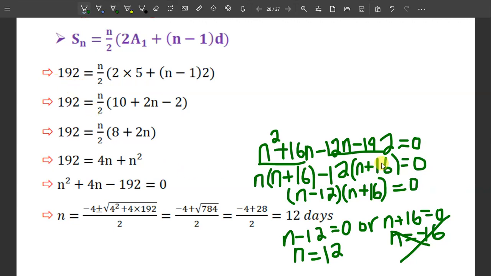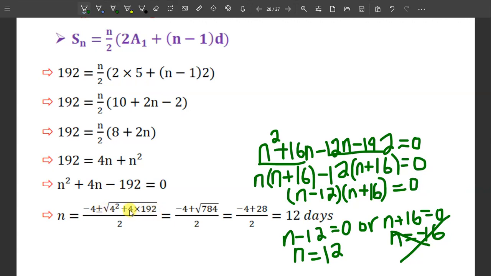This is known as solving a quadratic by the factorization method, or if you are unable to find those two numbers whose sum is equal to the middle one and whose product is equal to the constant term here, then apply the formula.